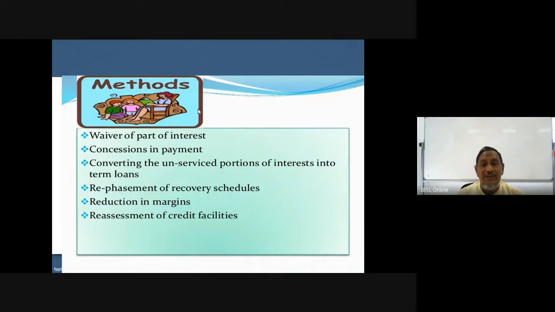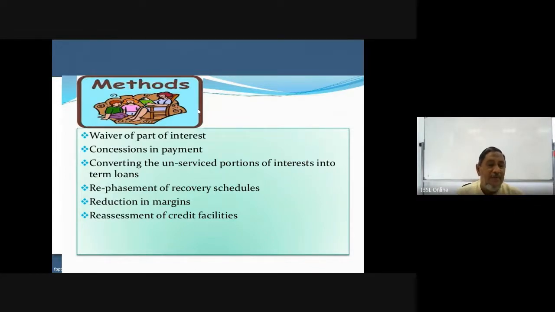What are the methods available for restructuring? Waiver of part of interest, concession on payment, converting the unserviced portion of the interest into term loans, replacement of recovery schedules, reduction in margins, reassessment of credit facilities. Let's go one by one.